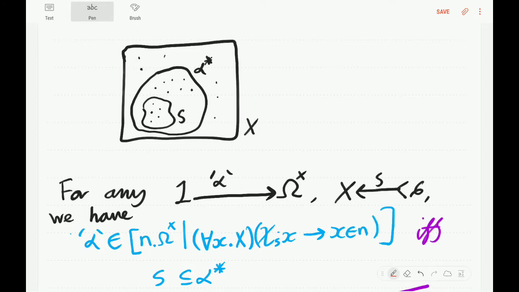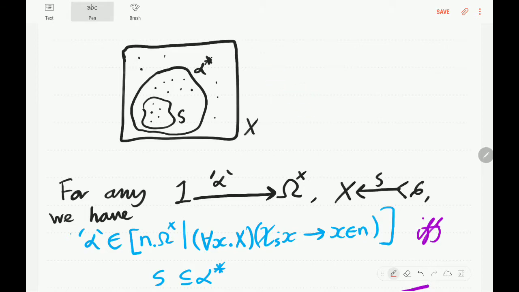It's going to be a subobject of omega to the power X, because we're going to be representing it as a collection. If we're thinking of it in set theory, we'd be thinking of it as a collection of the maps from X to omega, okay?